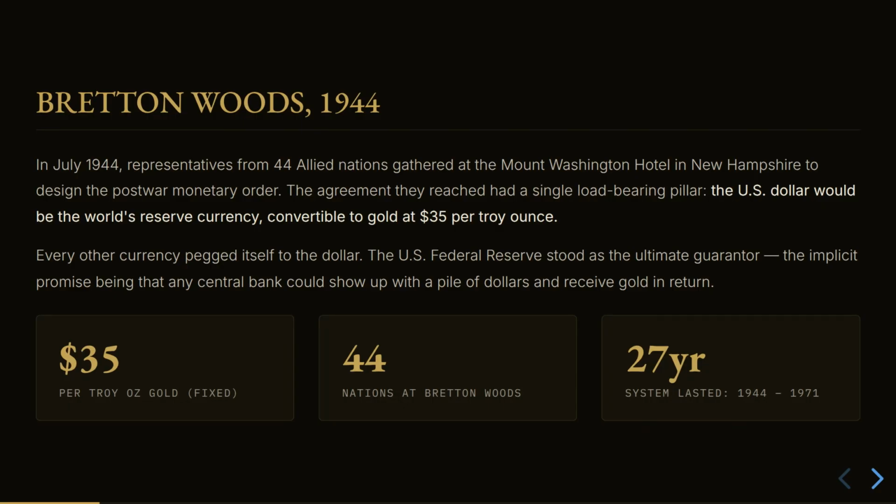So $35 will equal one troy ounce of gold. This is fixed. 44 nations agreed to this, and this stayed being true for 27 years. So this began in 1944. That's the beginning.